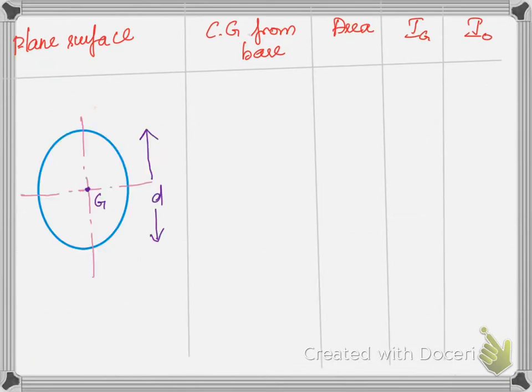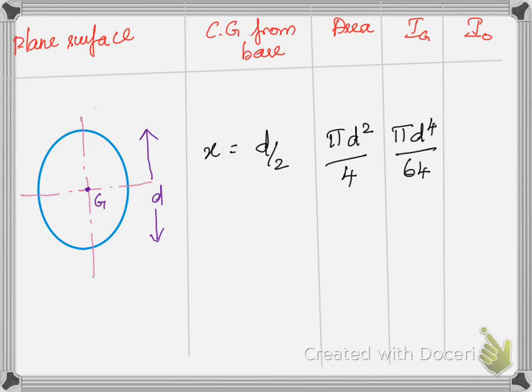If you take the circular plane surface, the Cg from the base will be x equal to d by 2, the area will be pi d squared by 4, and Ig will be pi d power 4 by 64. These are the common sections we will be using to work out problems.